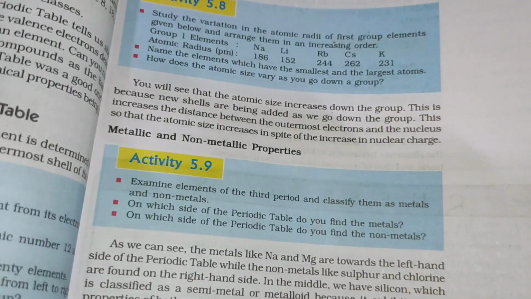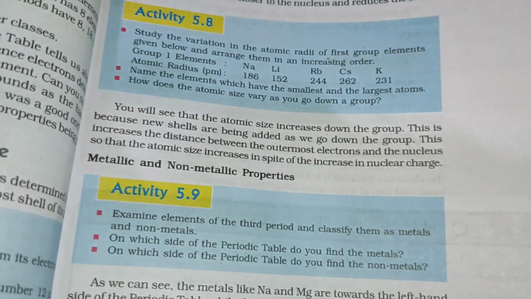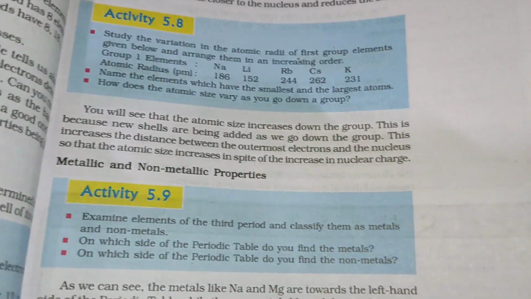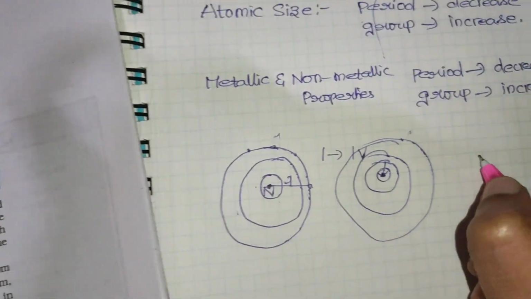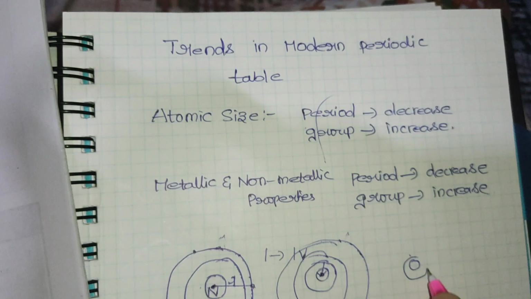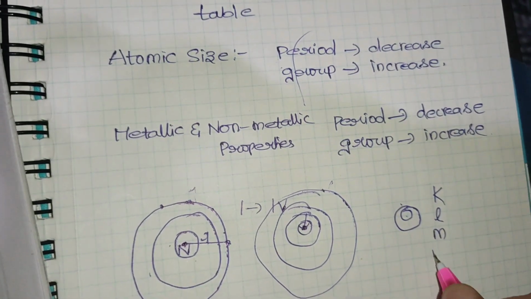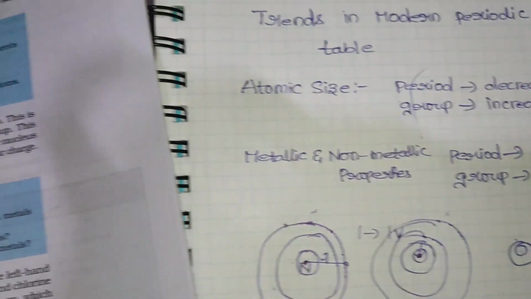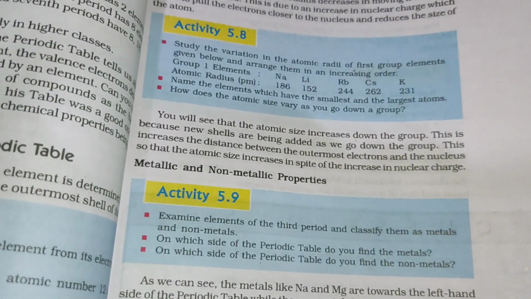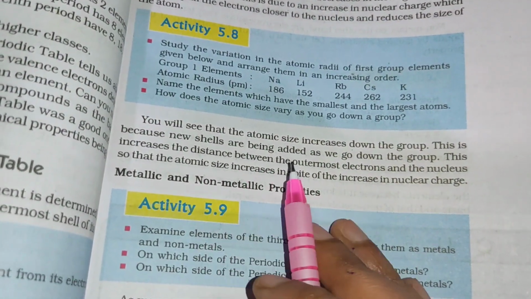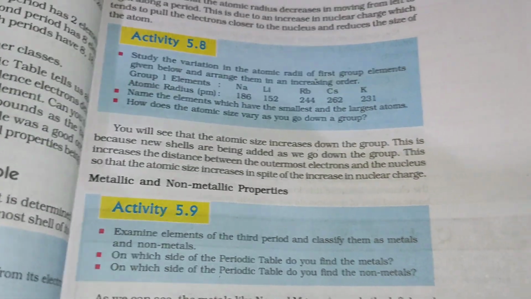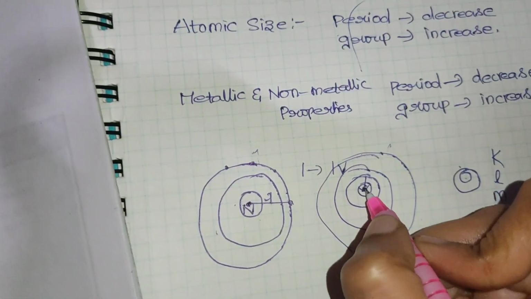Then what happens down the group? Many new shells will be added. In the first one, there is only one shell, the K shell. After that, more shells will be added: K, L, M, N. Like this, more shells are added. So when more shells are added, what happens? There will be an increase in the distance from the nucleus to the outermost shell.